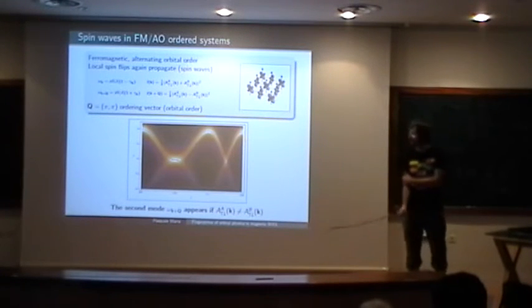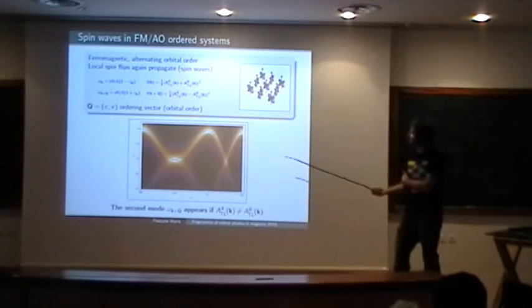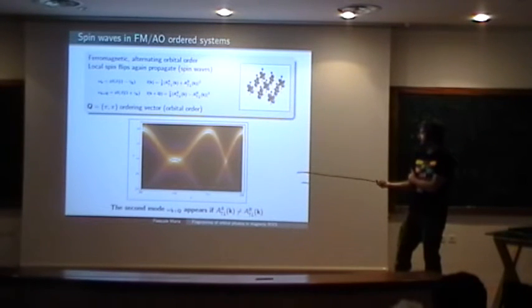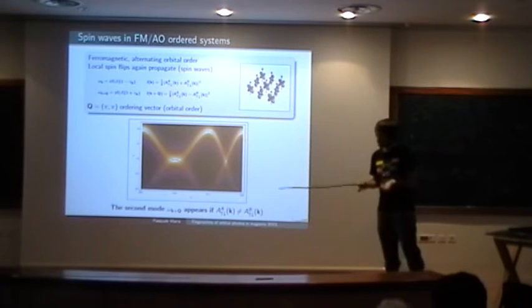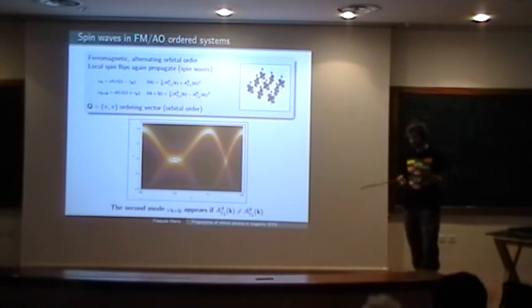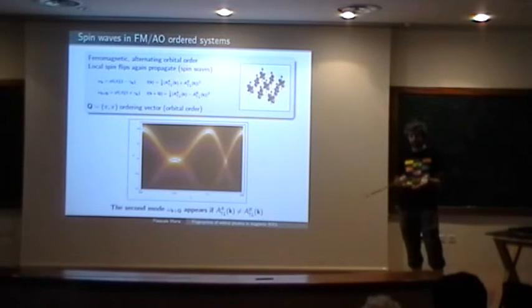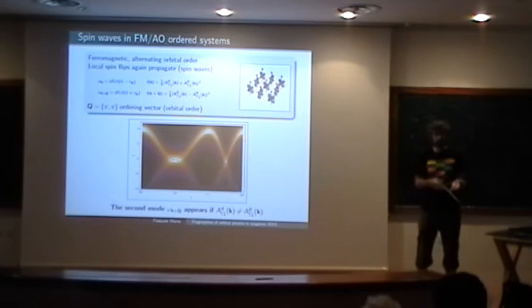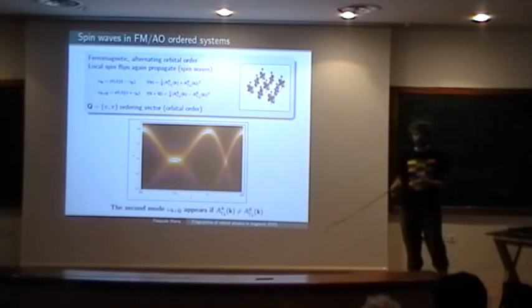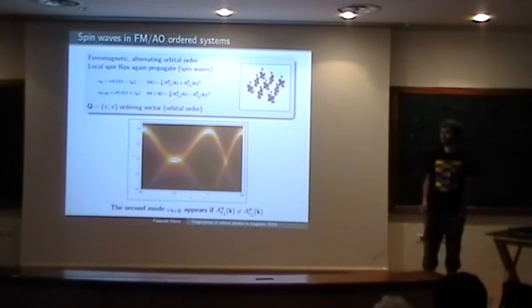And I think that with neutrons one can do a measurement, and then afterwards with RIXS one can discriminate between different kinds of orbital or magnetic orders.